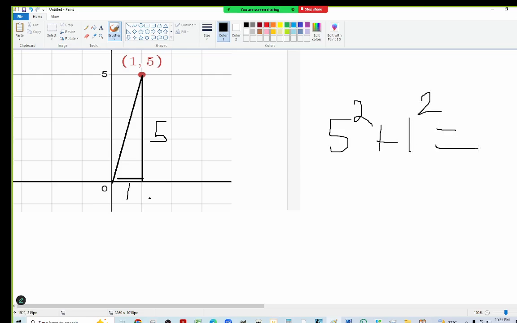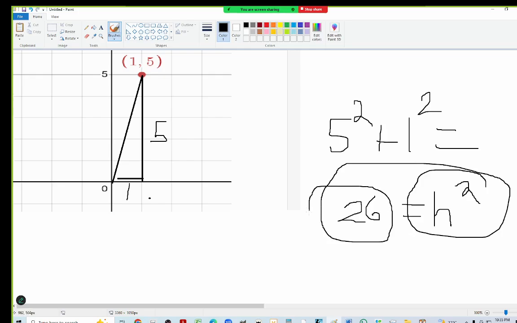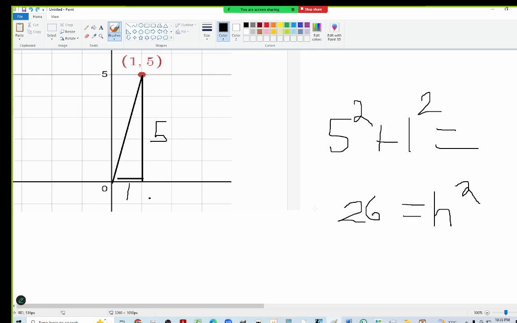So you get 25 plus 1, which is 26. Always remember this is the Pythagoras, or the h side, squared. So we have to square root both sides. That means this side is the square root of 26. Good?